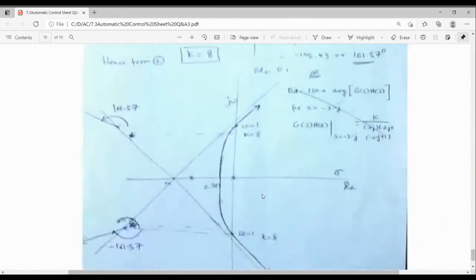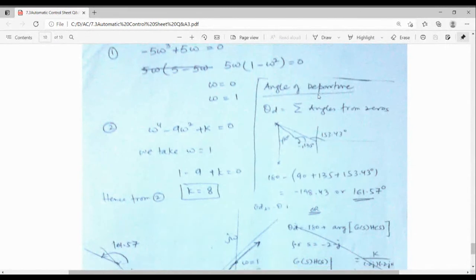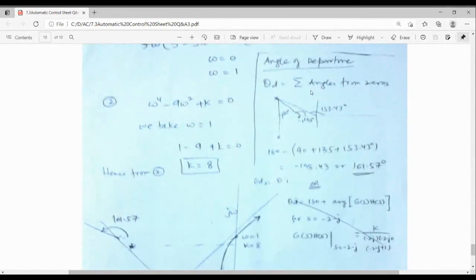By the help of this we can draw the root locus and angle of departure. This is important. How to find the angle of departure? Angle from zeros on the imaginary axis. From this point, theta d distance. From here to here 90 degrees. From here to here you can calculate it is minus 135 degrees, and from here to another zero, these are zeros, s equal to 0, s equal to minus 1.